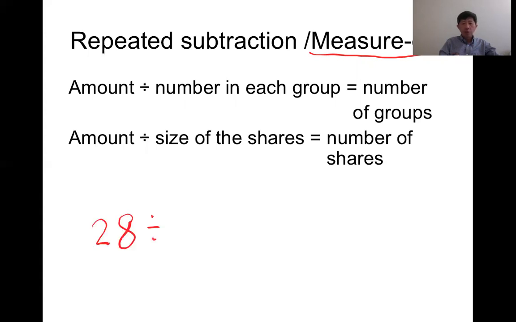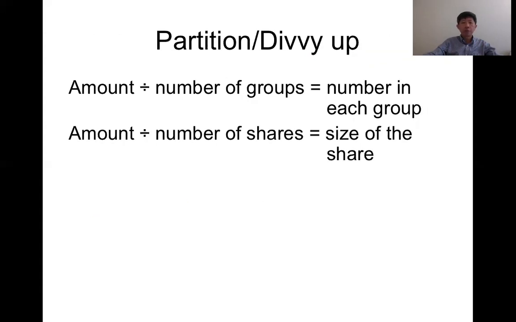Number in each group, each one gets 4 apples, right? Number of groups, how many people? I have 7 people, okay? Or I can say amount divided by the size of the share equals the number of shares, right? So that's the repeated subtraction model.